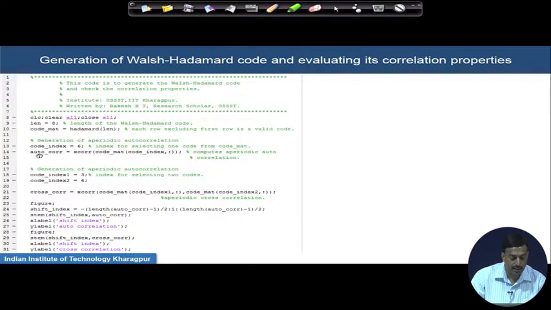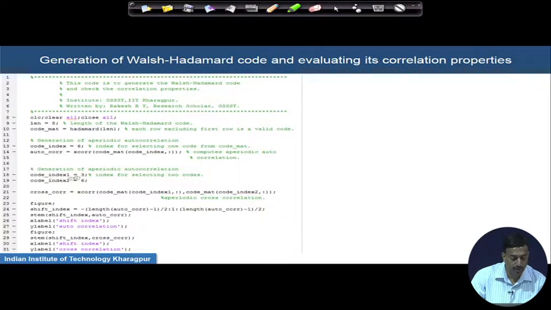So in the first case, we are interested in plotting the autocorrelation of any given row, that is any given Walsh code from this Hadamard matrix. So we choose row number 6. You could change this and try out the plot, but in this case we choose the 6th code.